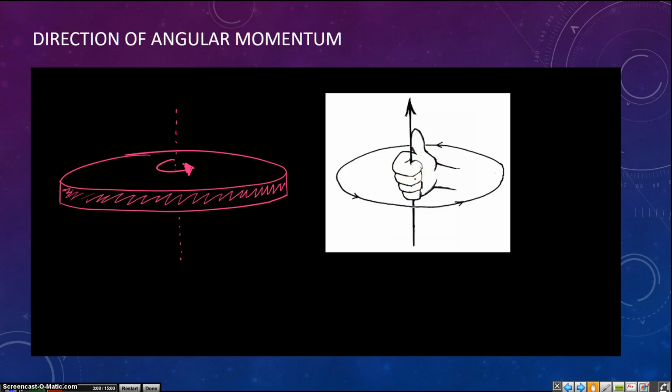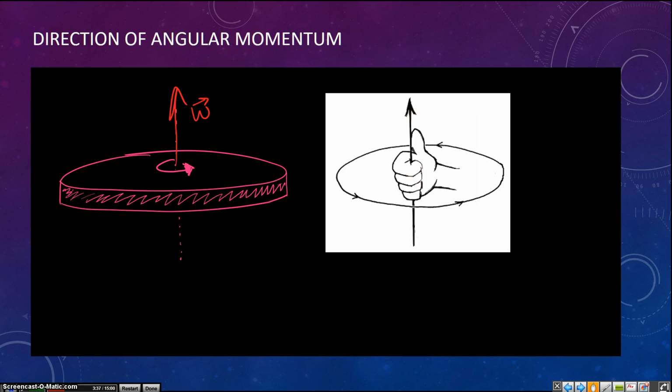Then you stick your thumb up, and the direction of your thumb is the direction of your angular velocity. So in this case, your fingers on your right hand would wrap around this way. I encourage you to try this. Your fingers wrap around this way, your thumb sticks up, and it turns out that the direction of your angular velocity is pointing up. This is the same direction as your angular momentum.